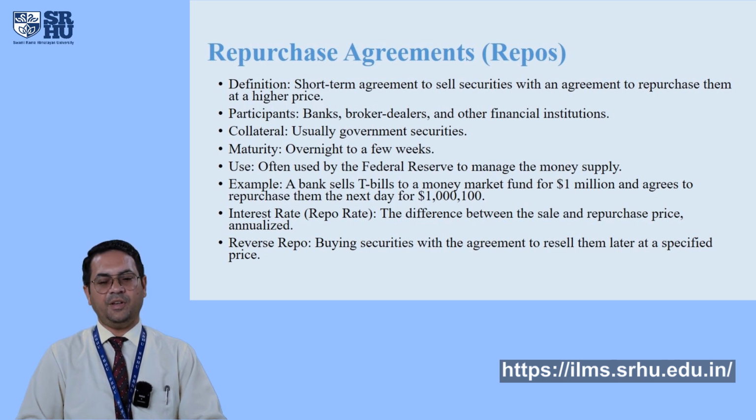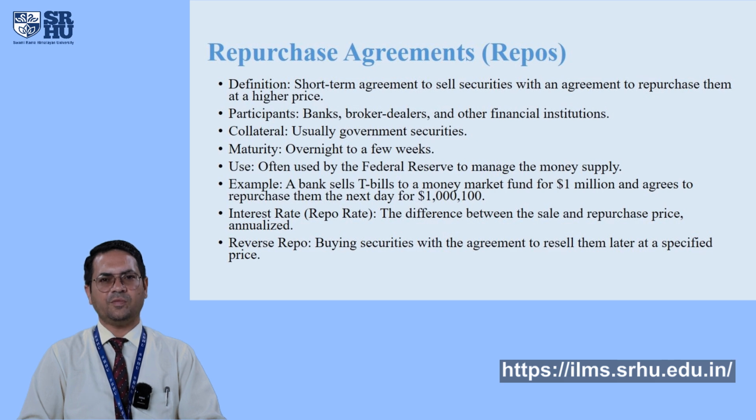Usually it can be the next day. These are widely used by banks and financial institutions to manage short-term liquidity. The extra amount paid during repurchase represents the repo rate, which is essentially the interest on the loan.